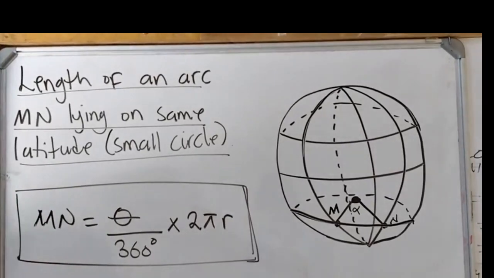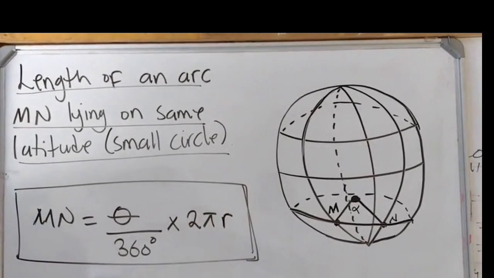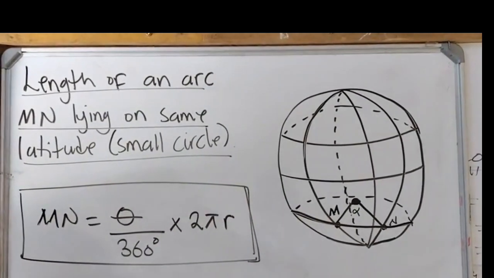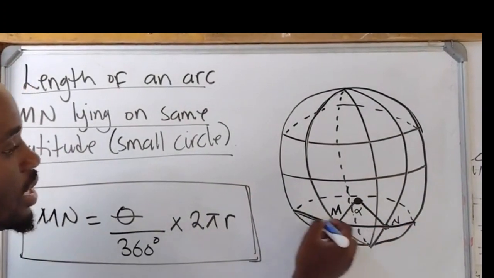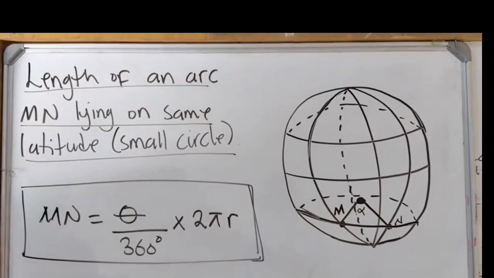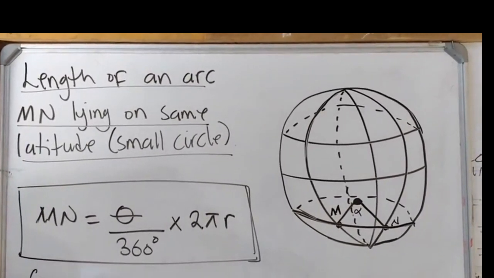Now we have to understand this r, that is the radius of the small circle. Remember what I've said, this latitude is a small circle. So the radius here is the radius of the small circle.